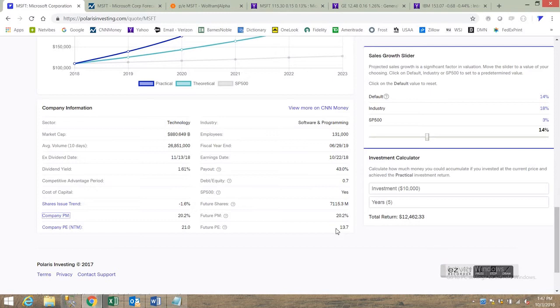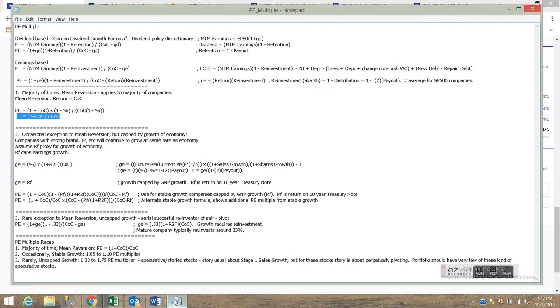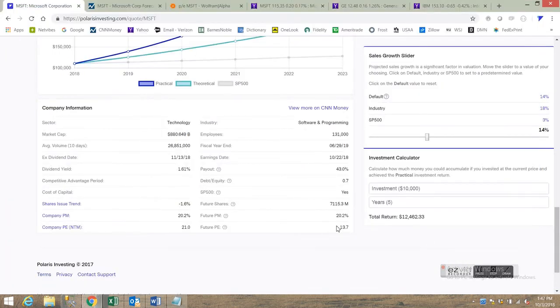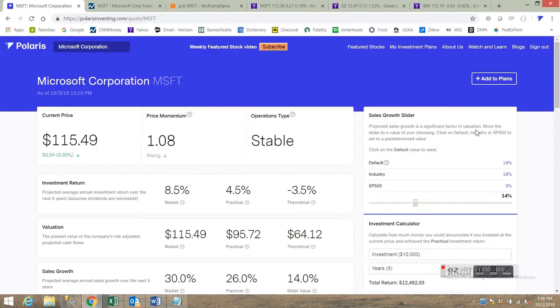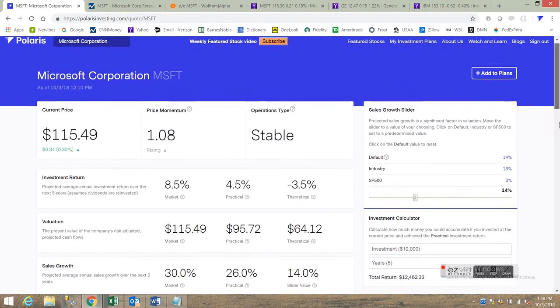I think it's reasonable to assume that will be an ongoing required rate of return by the market, being a high-tech company, and we saw how volatile it is over a long period of time. That 8.5 seems reasonable. So if we use the formula, we would likely end up calculating something around 13.7. That's what leads us to the valuation we're looking at, 64.12.